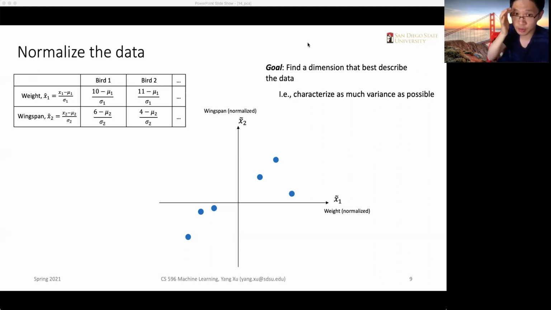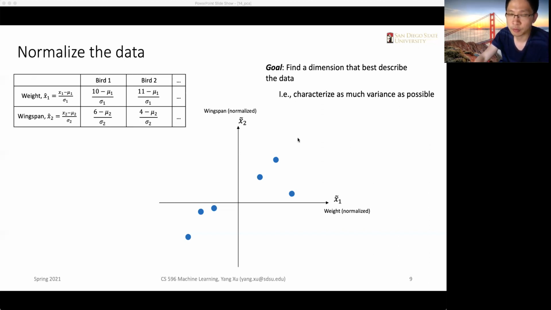We want to look at how the data varies along that direction, measure that degree of variance, and find the angle, the dimension, where the variance is maximized.